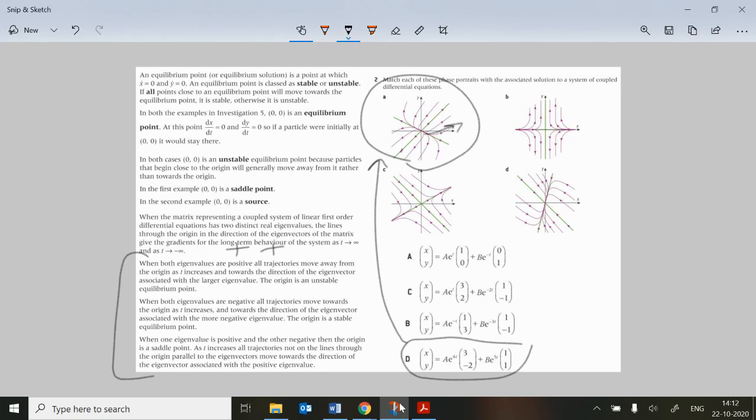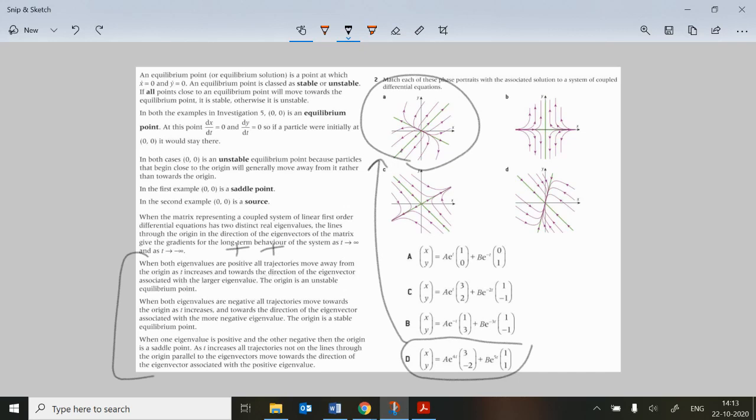So we can see we're moving away from the origin. This is a source. So wherever we start, which is not at the origin, our equilibrium point, we are moving away from the origin. So it's unstable. But also there's an important bit of information here, which is really hard to put in a table.